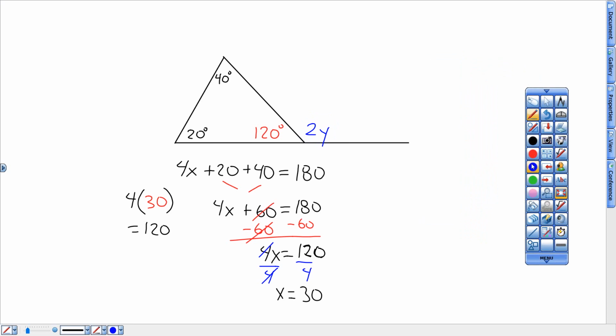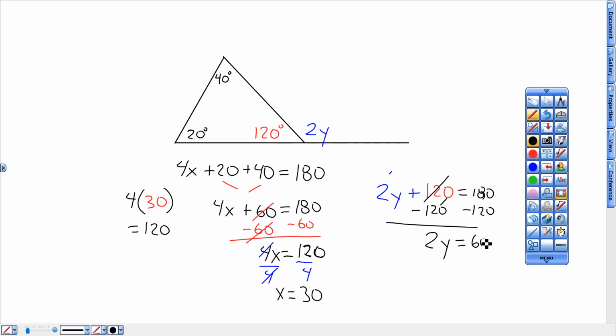First method, adding 2y and 120, because I know those angles right next to each other, they equal 180. So that 120 plus that 2y equals 180. They are supplementary. And that's going to have me take away 120 on both sides and then divide by 2.